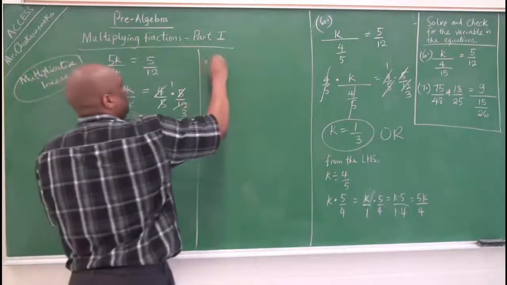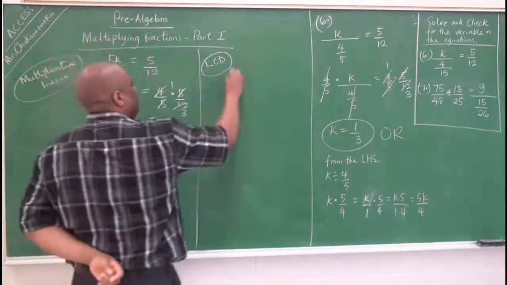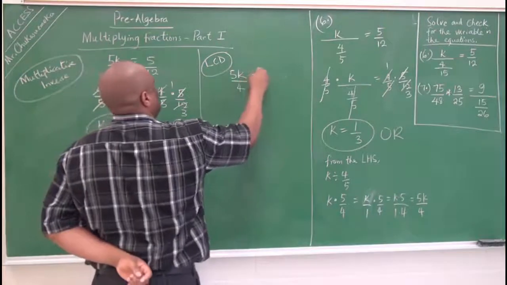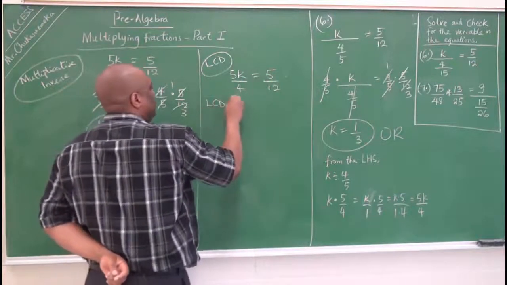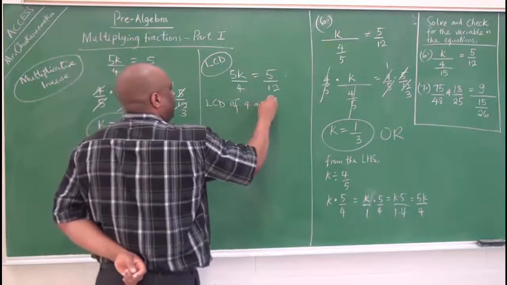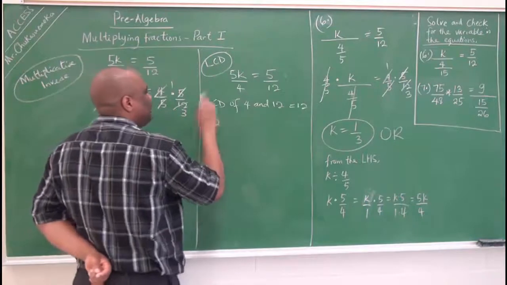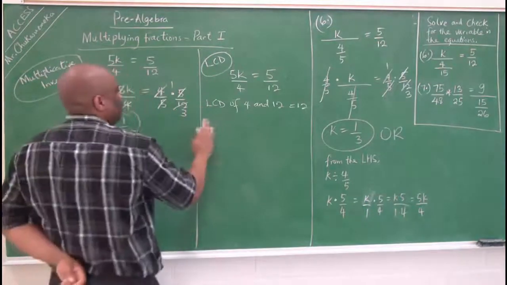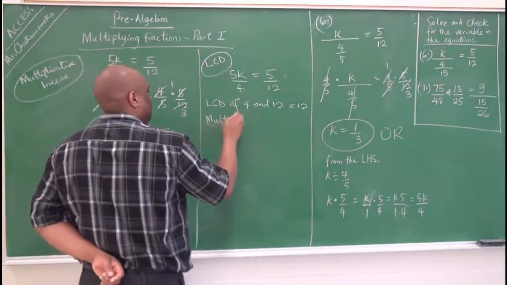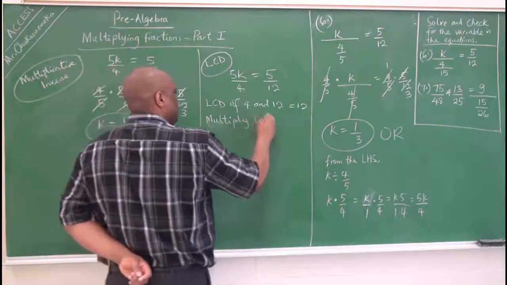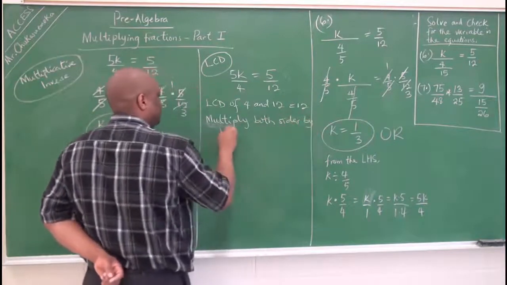Now if you use the LCD method, if you have 5k over 4 equal to 5 over 12, LCD of 4 and 12 is 12. So you multiply both sides by the LCD.